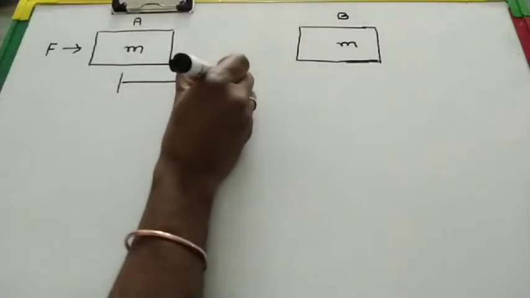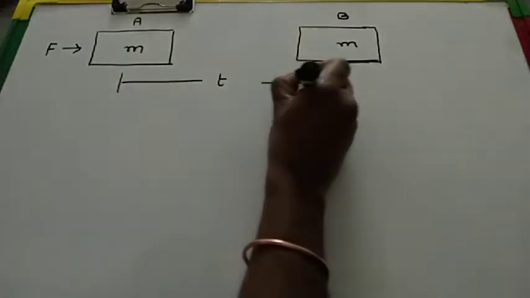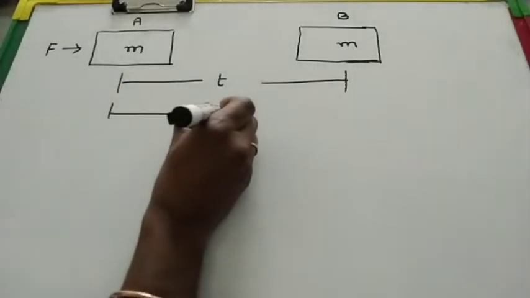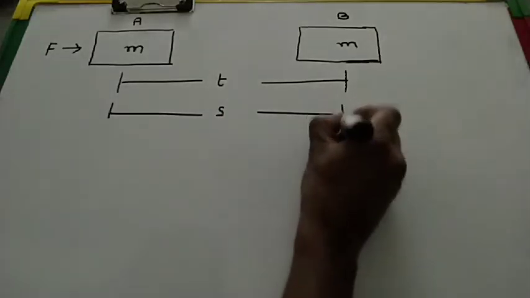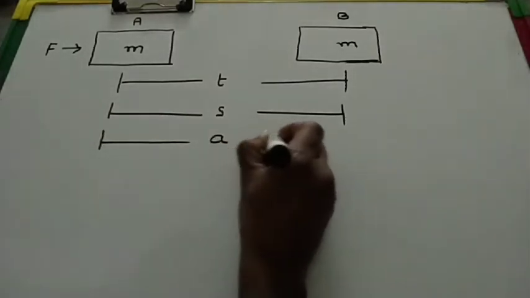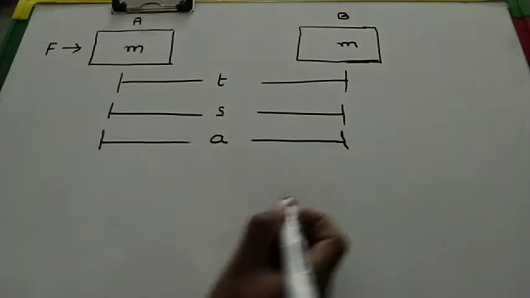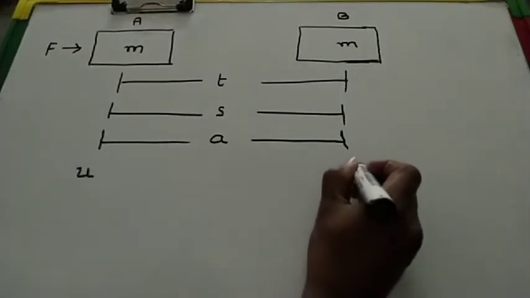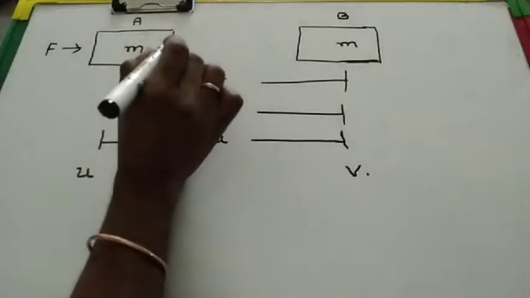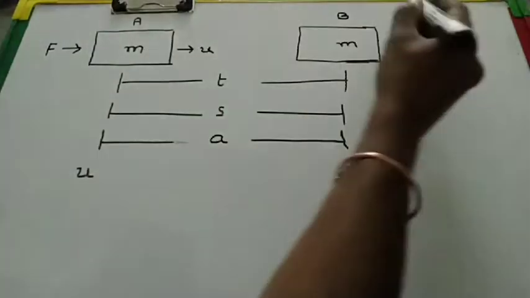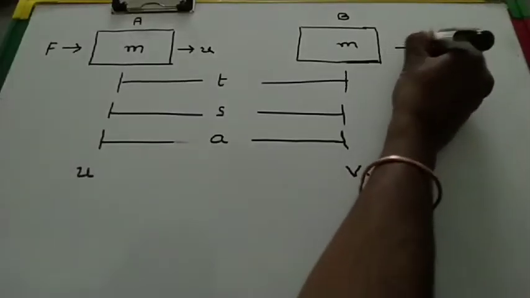During its journey, it took a time t, and it acquired a displacement s. Its acceleration is called a. That means its initial velocity is equal to u, its final velocity is equal to v.